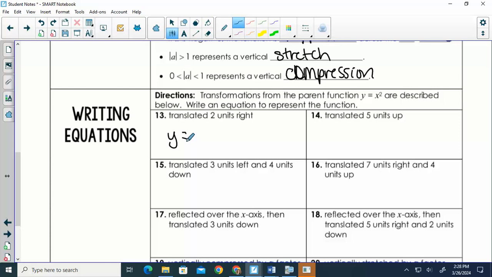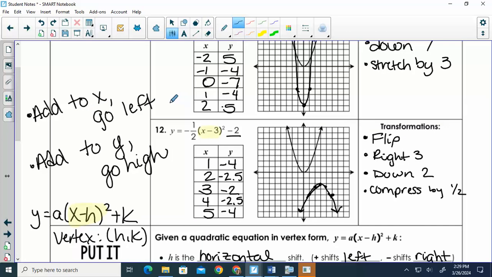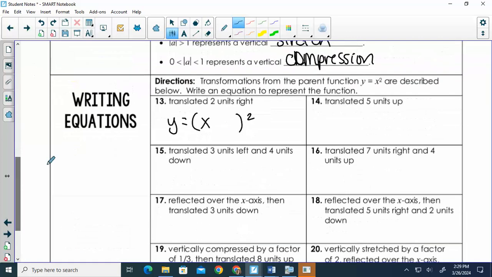Attached to the x. If you're moving along the x-axis, left to right, it has to be inside with the x. I said if you add to x, it goes to the left, so in order to move to the right, we would subtract 2.